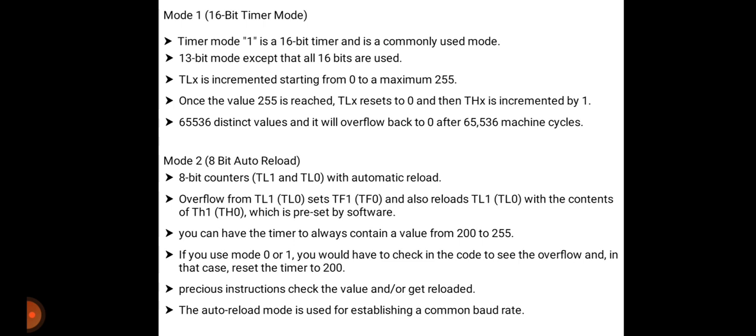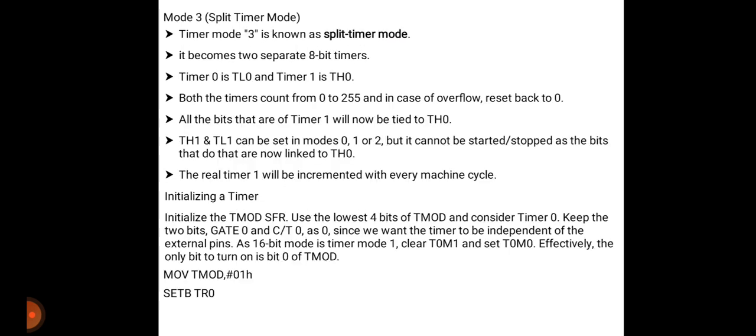In mode 2, the controller takes care of this. Once you have configured the timer in mode 2, you don't have to worry about checking whether the timer has overflowed or not. This auto reload mode can be used to establish a common baud rate.